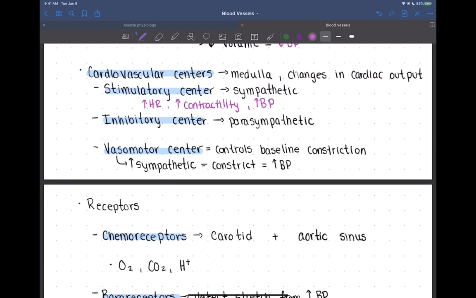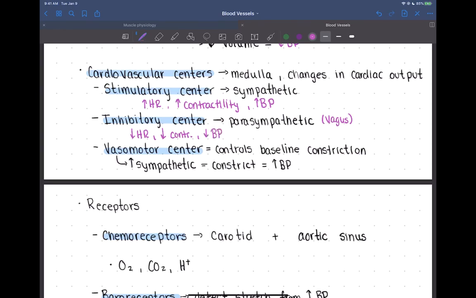So that stimulatory center acts through the sympathetic nervous system and will increase blood pressure. The inhibitory center will act through the parasympathetic nervous system, right? Particularly the vagus nerve. And that will function to decrease heart rate, decrease contractility, and decrease blood pressure, okay?